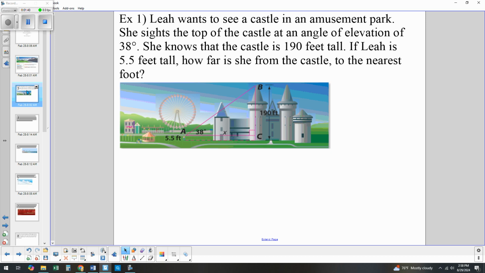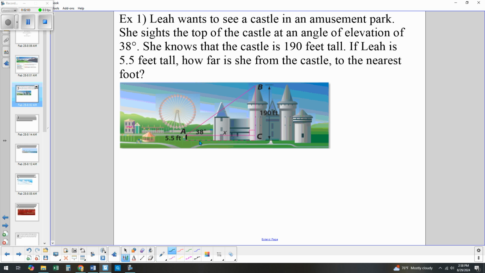So this is a problem where Leah's line of sight is above the ground. She does not have her eyeballs on the ground when she's looking at the top of this castle. Her eyeballs are in her head when she's looking at the top of this castle. So the triangle that we're forming is kind of hovering in the air a bit. There's some space underneath it of 5.5 feet.